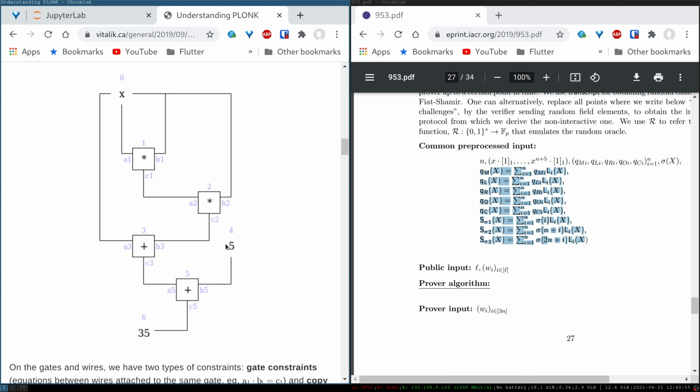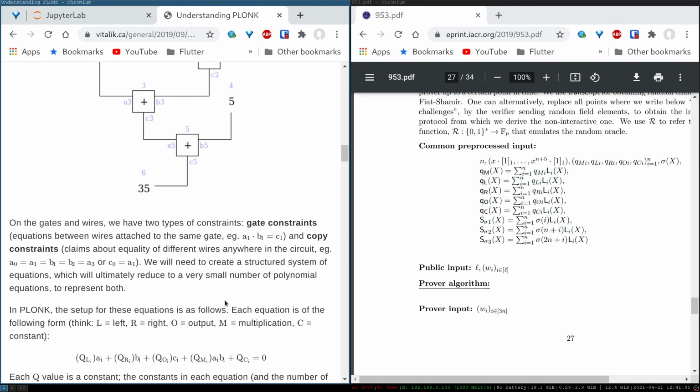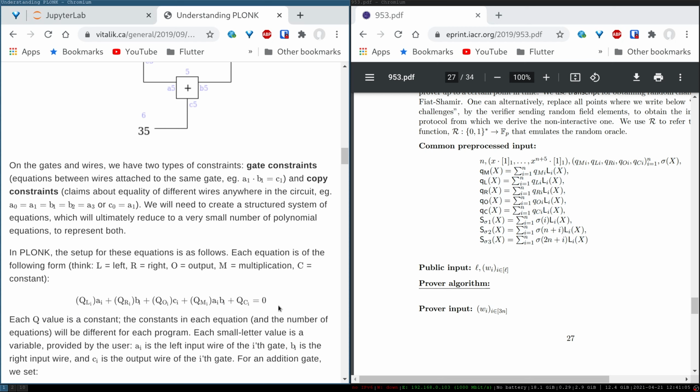The constant here can be expressed as additional input, because each gate has a form like this. So you have a multiplication factor for the input A and B, then a multiplication weight for the output. So A, B, and C: A and B are inputs and C is the output.